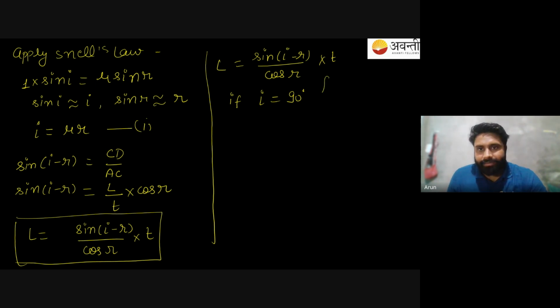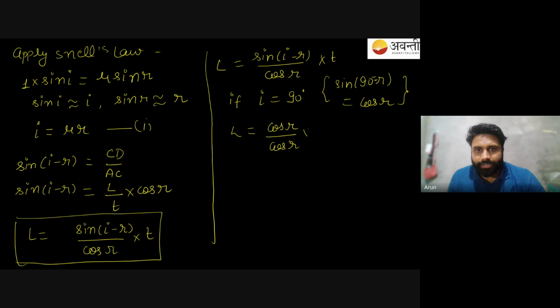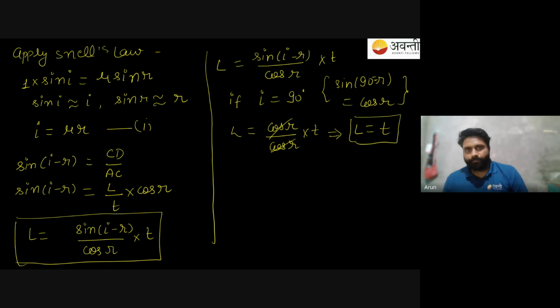The angle of incidence i is 90 minus r. Sine(90 minus r) is nothing but cos r from trigonometry. So L becomes cos r divided by cos r into T. Cos r and cos r get cancelled out, so the lateral shift is just equal to the thickness of the glass slab.